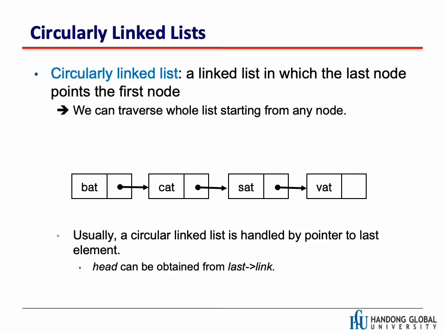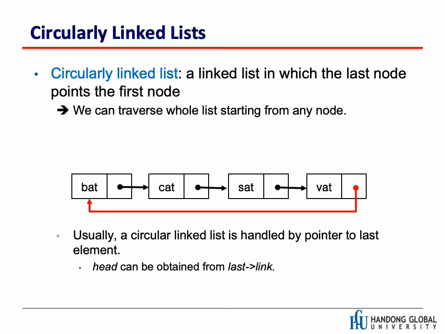The circular linked list is a linked list in which the last node points to the first node, so that we can traverse the whole list starting from any node. Basically, there's no head node, no first node, and no last node. It's just a whole circle. So it looks like this. In this graph, it looks like the bat is the first node and the vet is the last node.